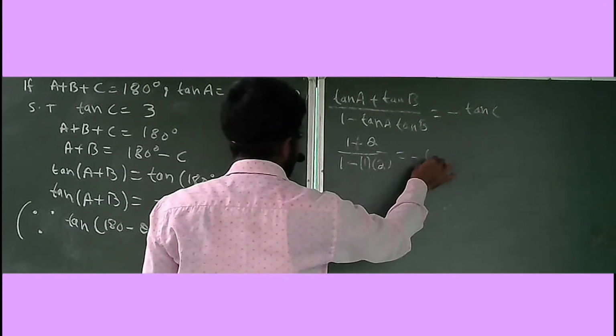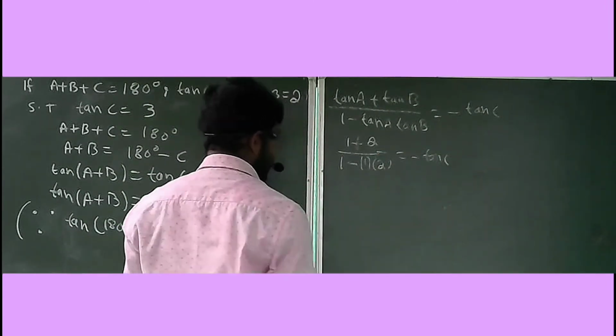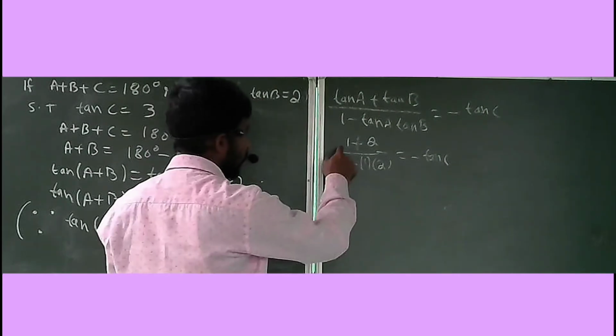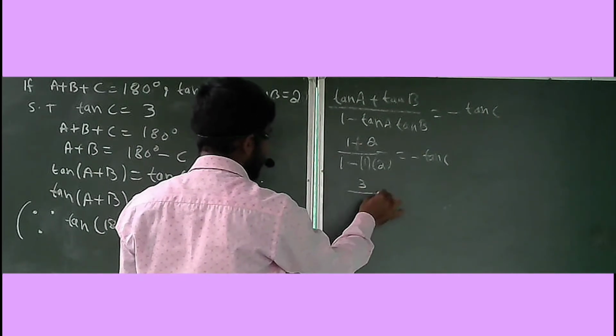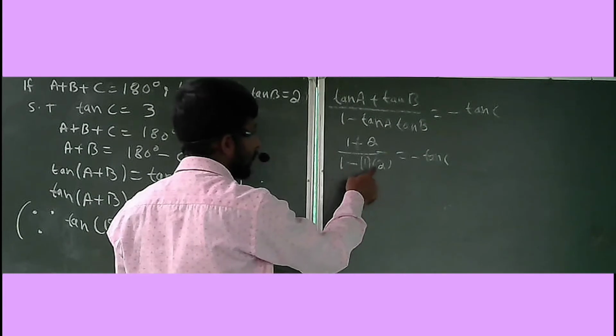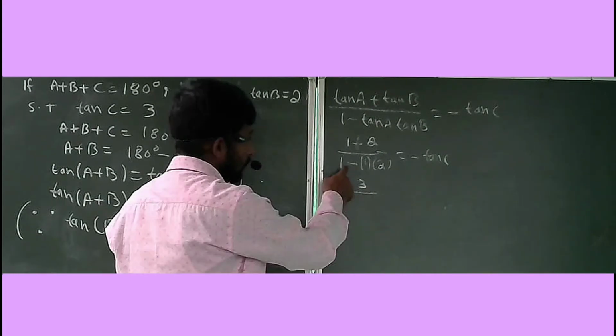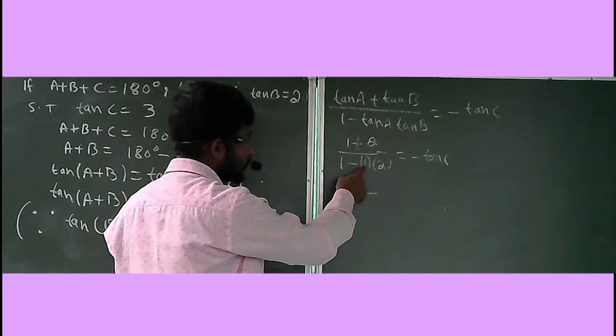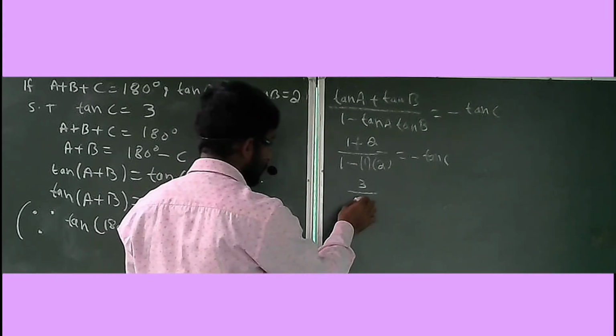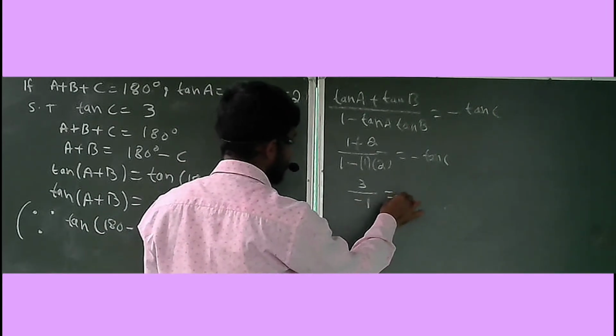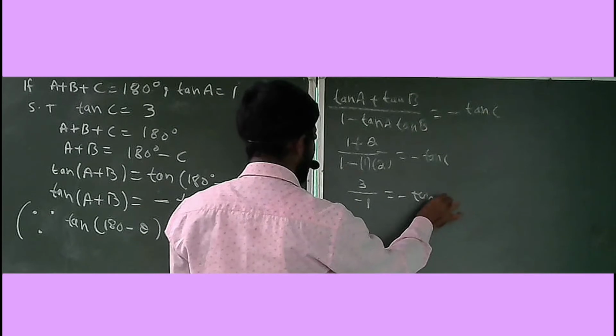It's equal to minus tan C. In the next step, see, 1 plus 2, 3, divided by 1 minus 2, right? Why? Already 1 is there, minus 1 into 2 is 2. So here you will get minus 1 is equal to minus tan C.